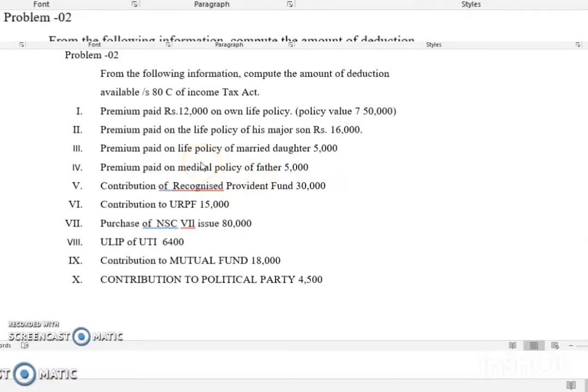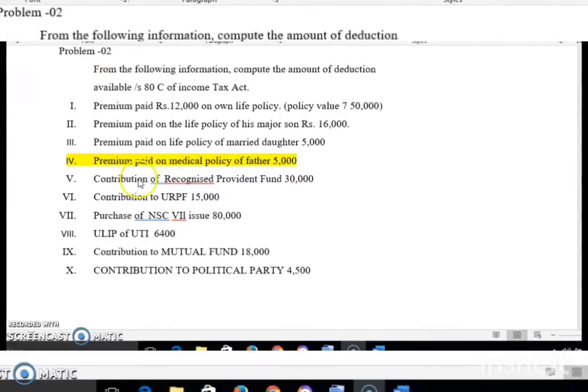It will come under 80D, based on his age we can consider the amount. So we have marked this particular item. It won't come under 80C.